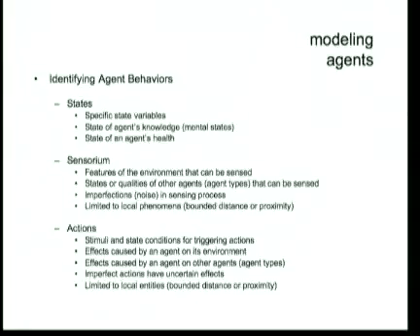Okay, once you've chosen your agents, and again, these are not strictly serial, you're going to have to work these somewhat in parallel, you want to identify the behaviors of the agent. The first thing you want to look at is the notion of the state of an agent.